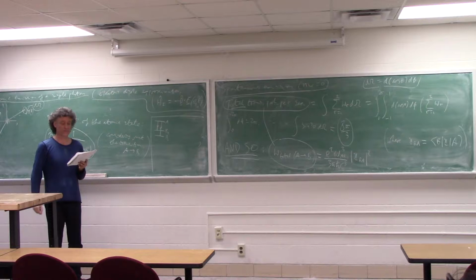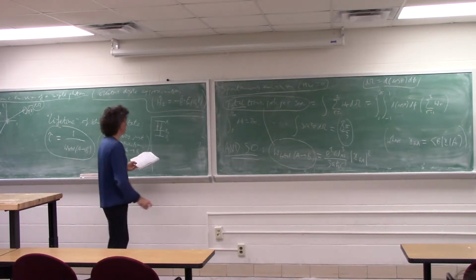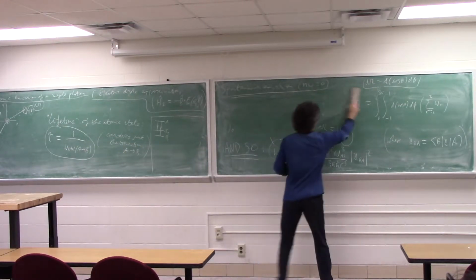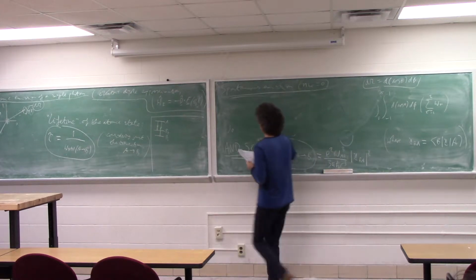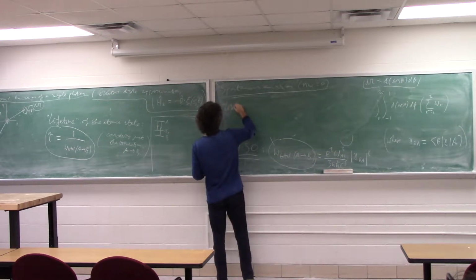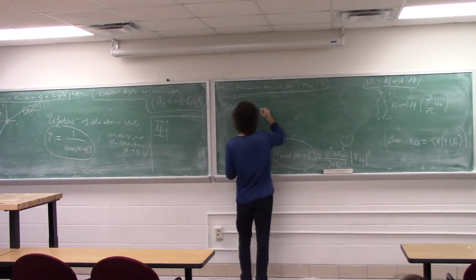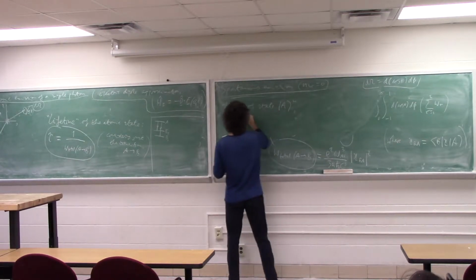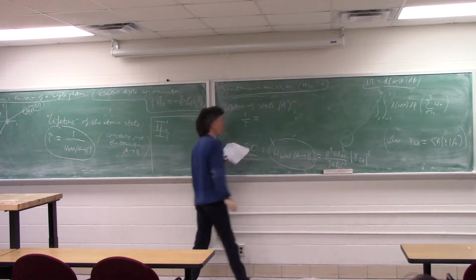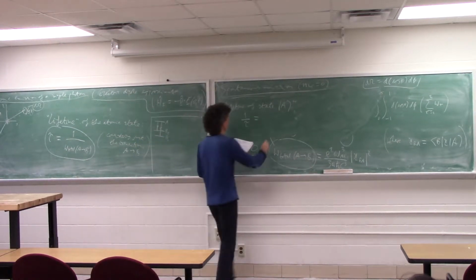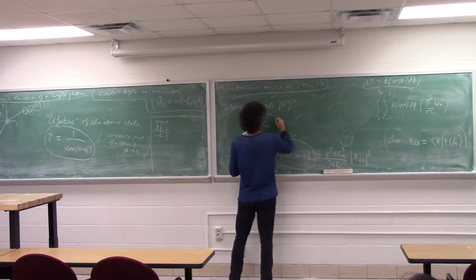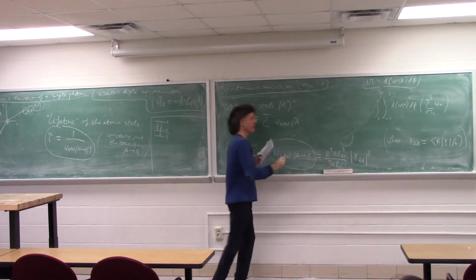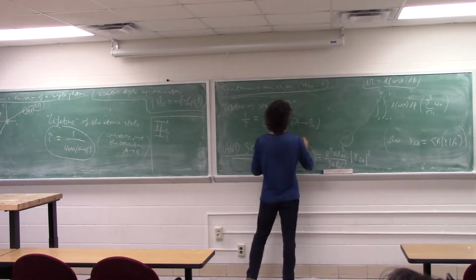You'd have to calculate the probability for each, and really the true lifetime of the initial state A would be given by, if I write 1 over the lifetime, 1 over the lifetime is going to be the sum over the total probability per second for the atom to decay from A to a lower state Bn.